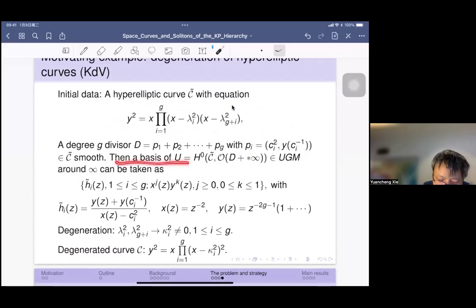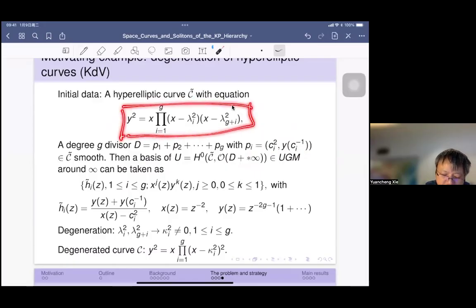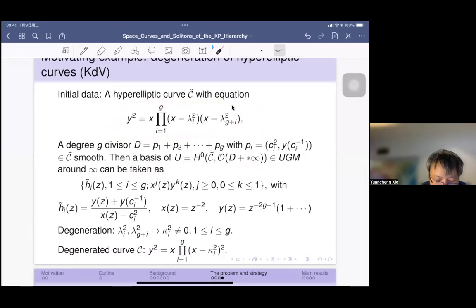And then I want a basis of the functions, algebraic functions, constructed from this algebraic curve, with these divisors. At these points, I allow a simple pole at each of these points and nowhere else.